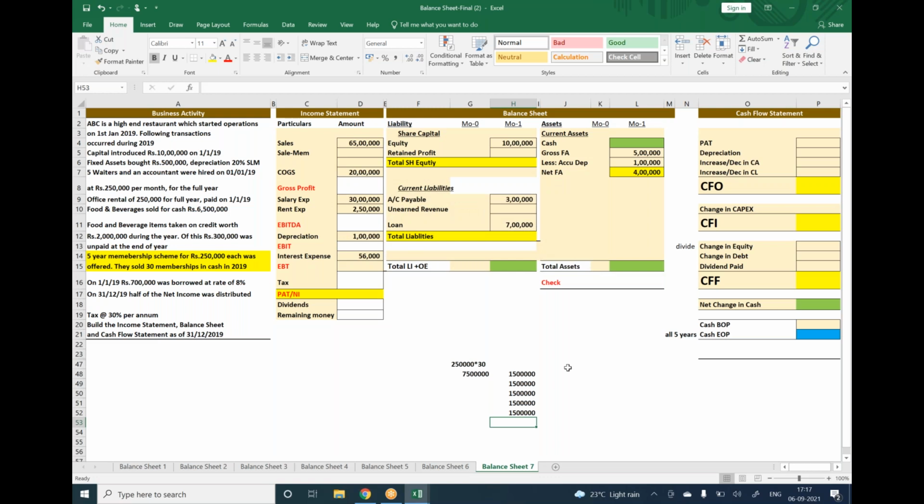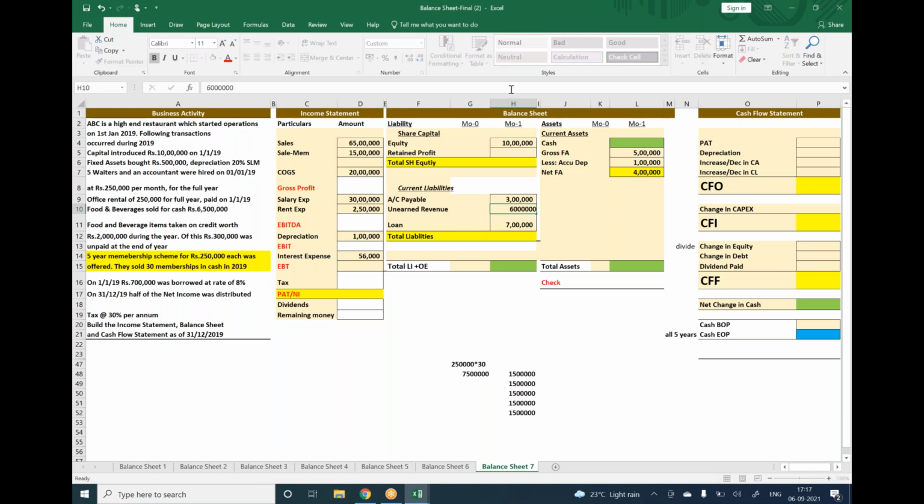But only year one you have done the service. So your sales can go up to 15 lakhs. So that means how much you have not earned. 75 minus 15 is nothing but 60 lakhs.